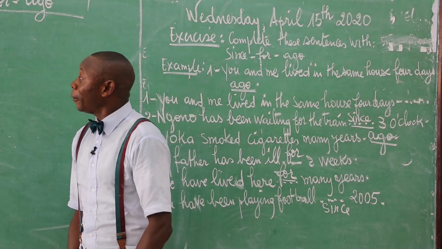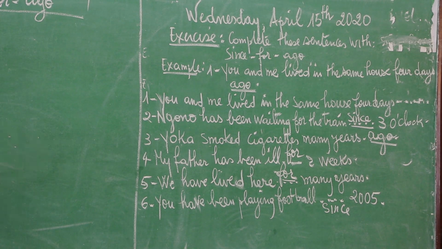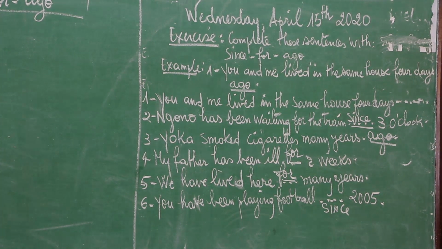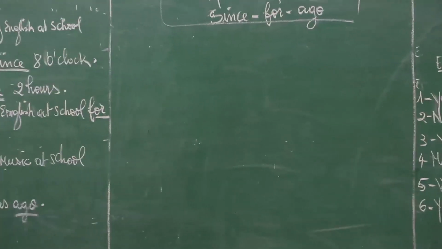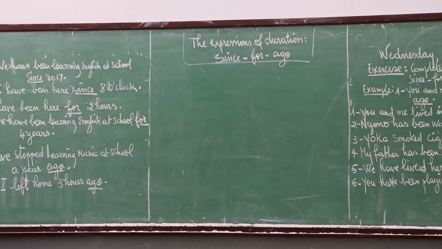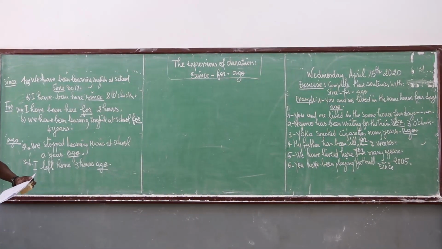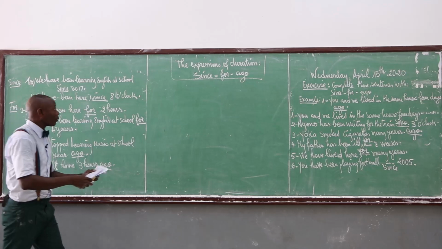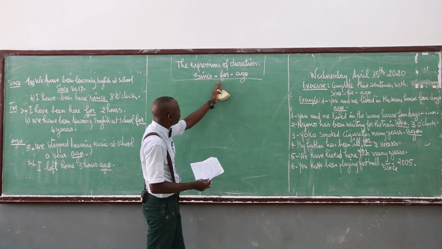Good. Now let's take the lesson. I'll put the summary here on the middle of the board. We are going to write it. The expressions of duration: since, for, ago.